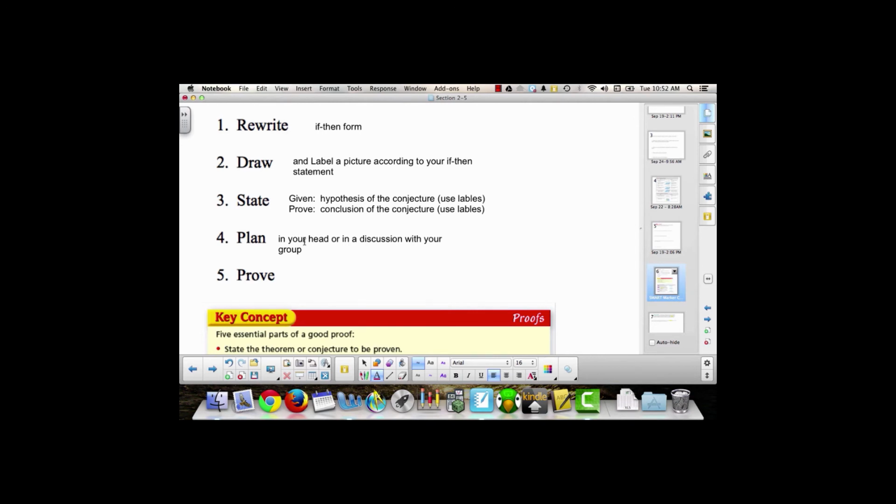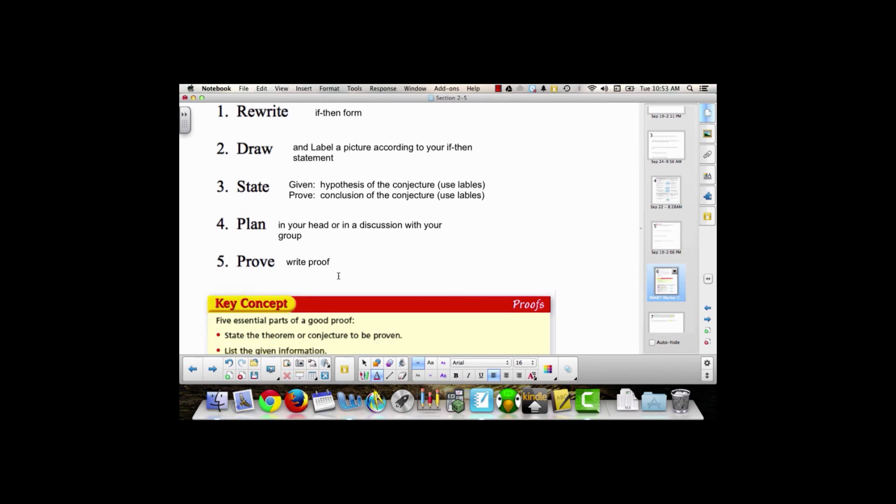There's no writing involved with this, only thinking through what you're going to do or talking with your group about what you're going to do. The final step is to write the actual proof. We will be practicing these 5 steps many times in this class until you can do them well on your own or with a partner.